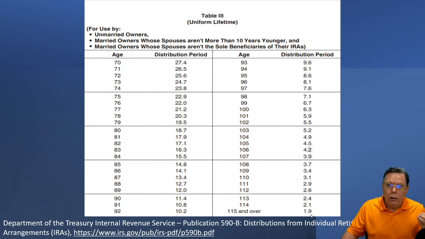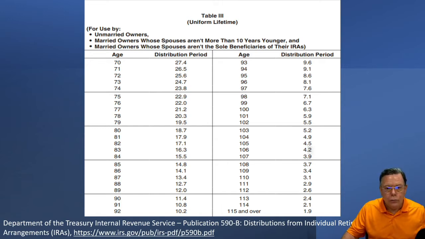Until you divide by 1, which is 100%, meaning all of it comes out, you still have money in that account. So you would have money until, in this particular case, at least 115 years old if you just followed the minimum. So it's a way to create a kind of pension out of that. Again, it does fluctuate depending on the value of the account.